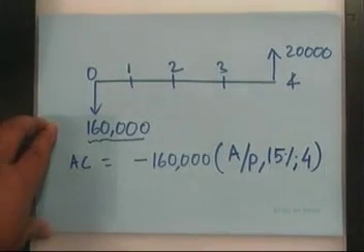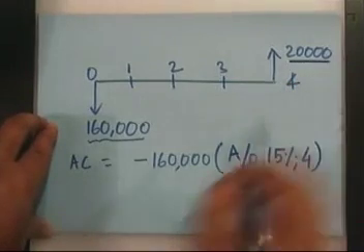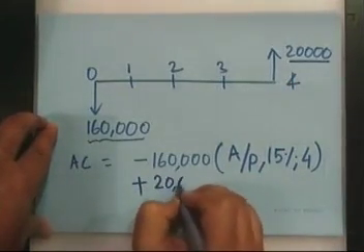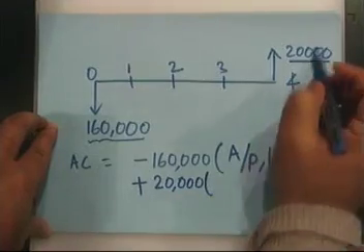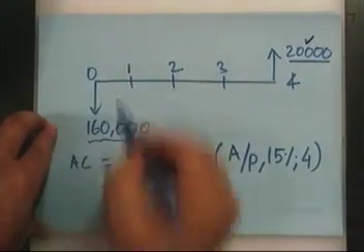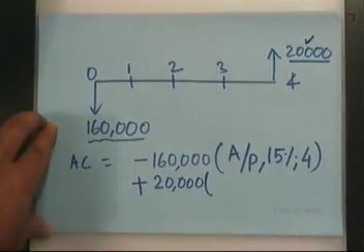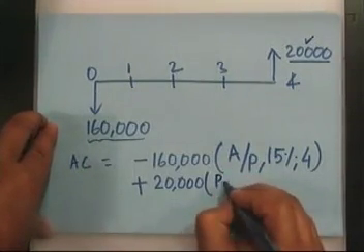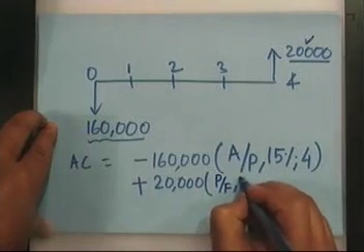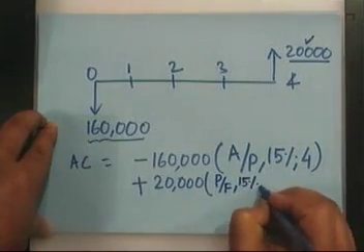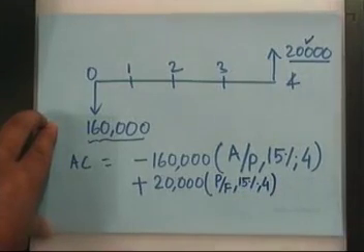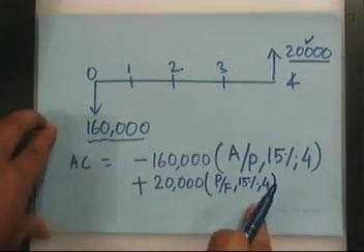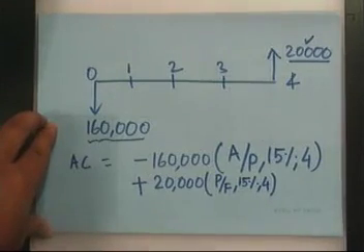Right. What about this? This will be on the plus side, plus 20,000. First I bring this to time t equal to 0. How do I do it? By using P given F, 15%, 4. So now this 20,000 multiplied by this factor is at time t equal to 0.